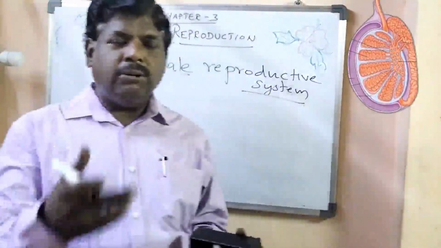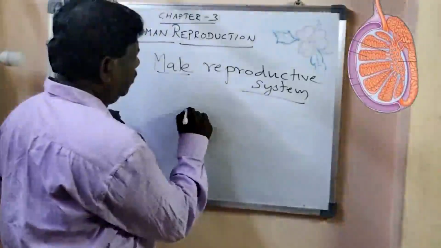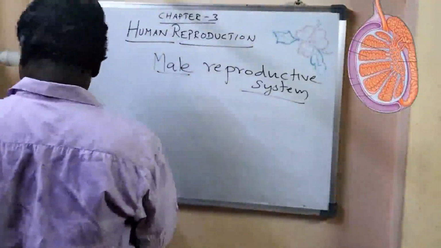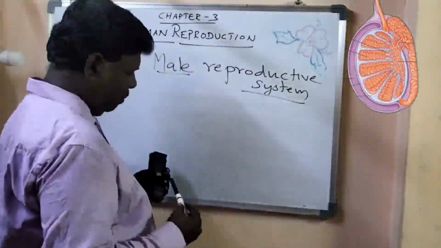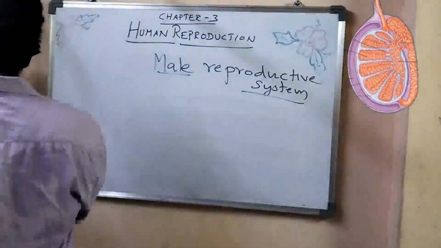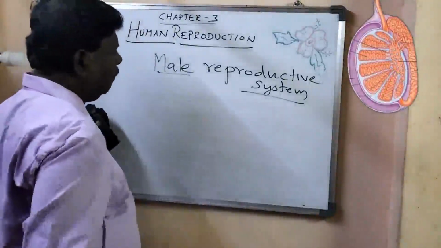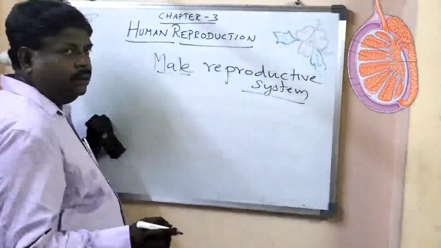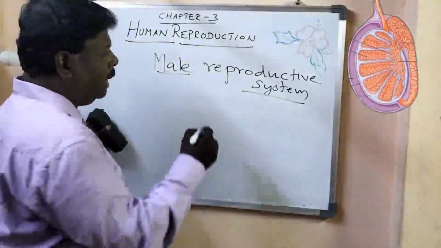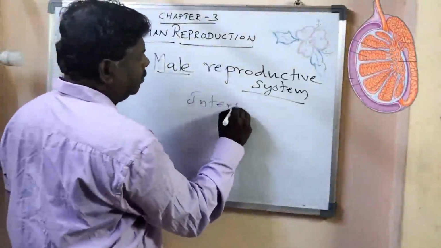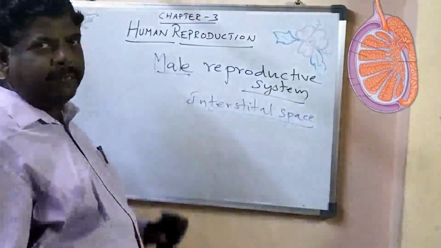Outside the seminiferous tubules there is a region called the interstitial space.